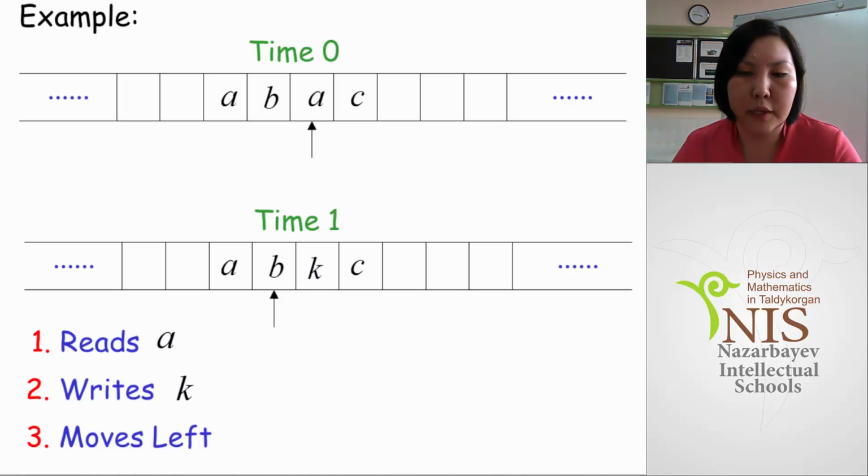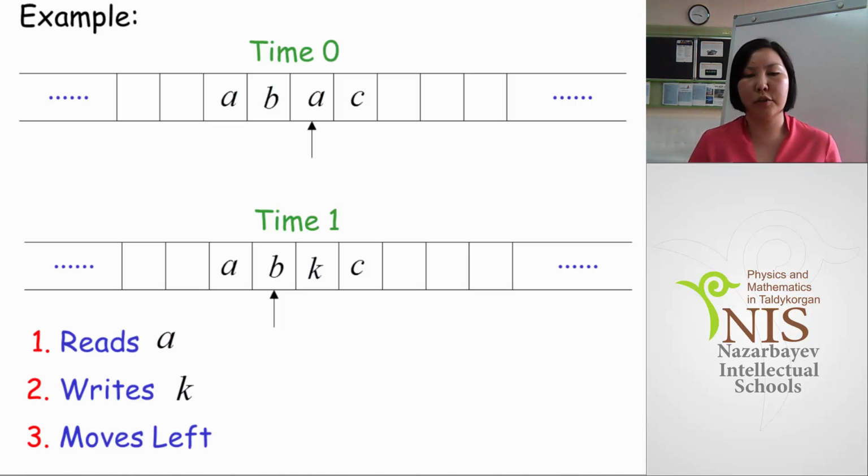For example, let's look at the tape that is given first and the operations that are given below. The head has to read. If it reads the letter A, it has to write K instead of A and move to the left.